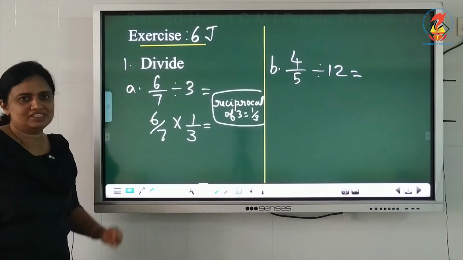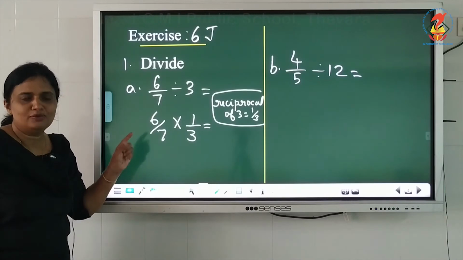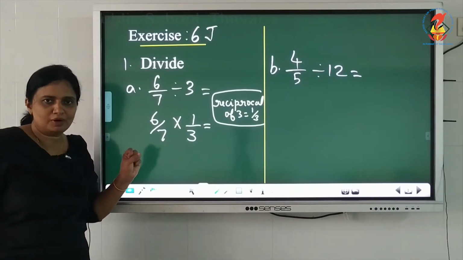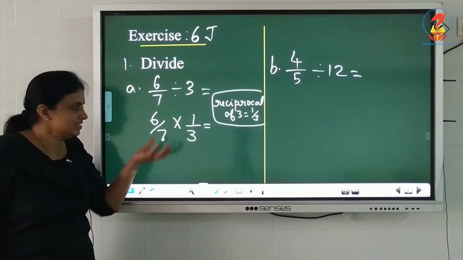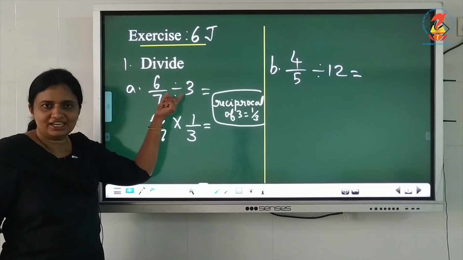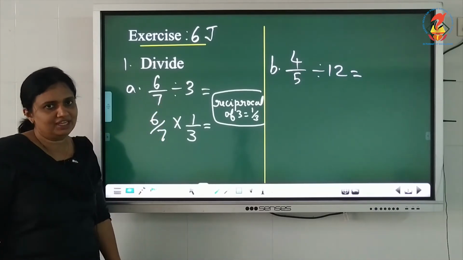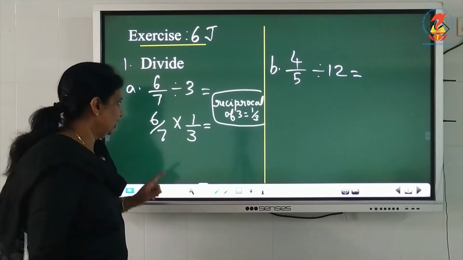See, this type of question we had, that is division only, right? For the division, if you are getting division problems in this fraction chapter, what do you want to do? First, you need to take the reciprocal of the divisor. After that, you need to multiply only. Is it clear? For the division, you do it by this method only, right?